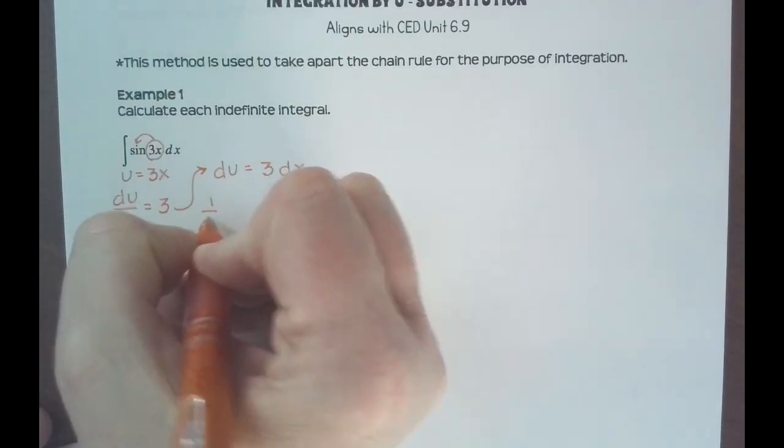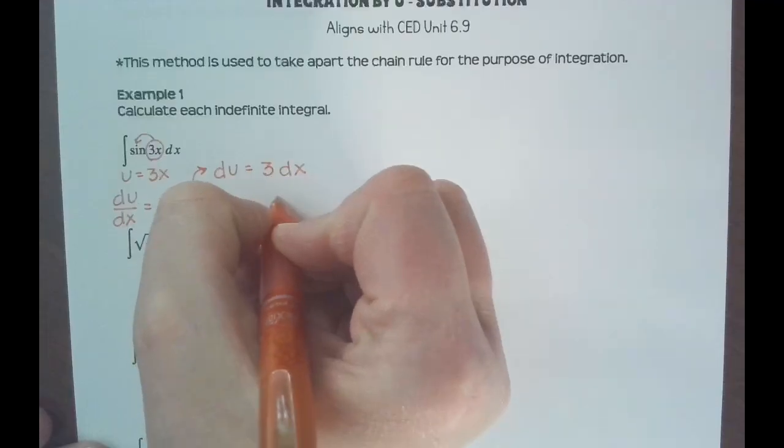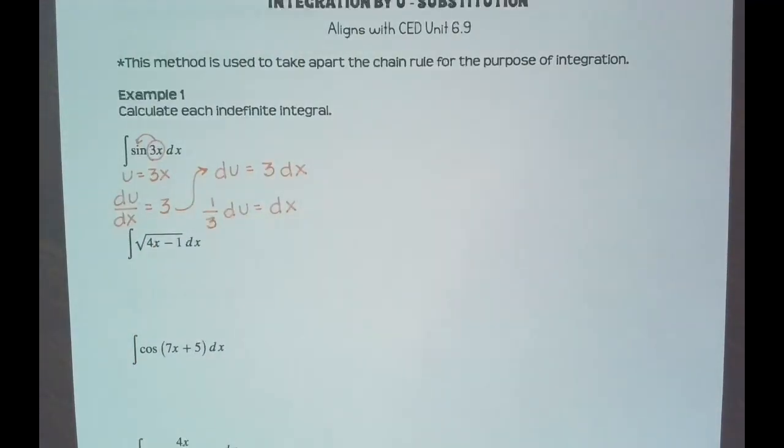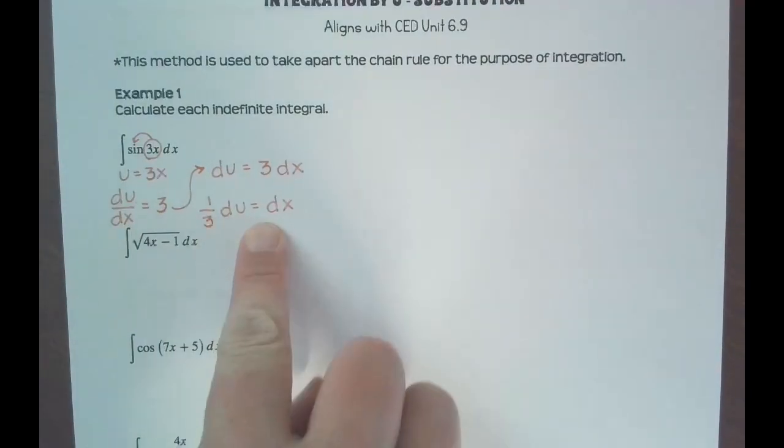So this side is now 1/3 du equals dx. Now, you may be sitting there and you have no idea why I just did what I did. I'm going to show you why in just a minute. But stop here and make sure you understand algebraically how I got from here to here.